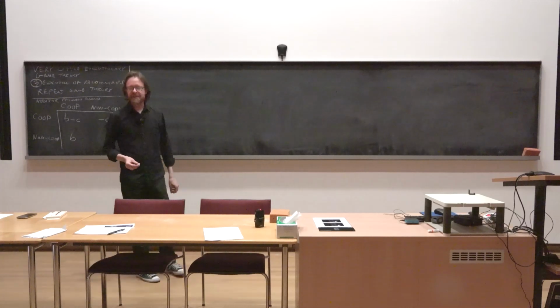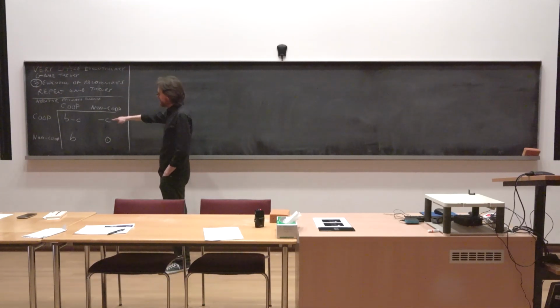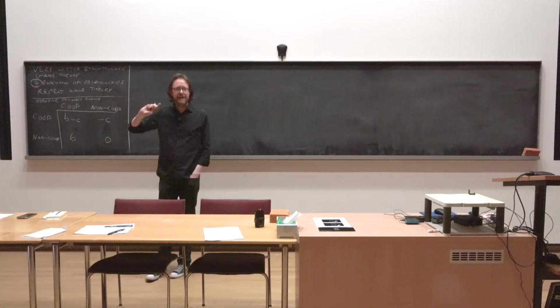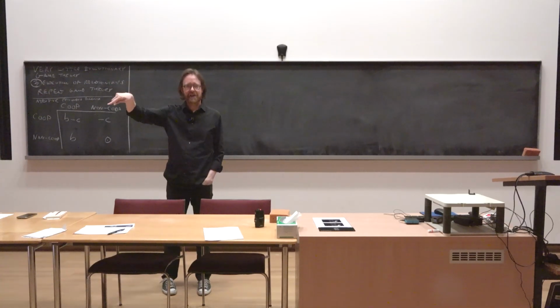When we add repeat interaction to a model like this, what we imagine is that individuals are still paired together and they play this game, but they do it multiple times. Each time they play it, there's some probability the relationship continues.